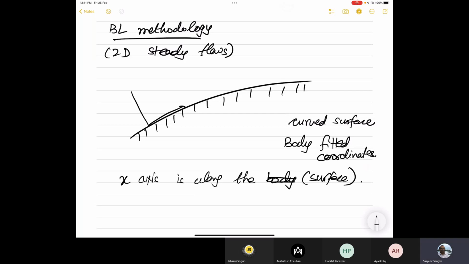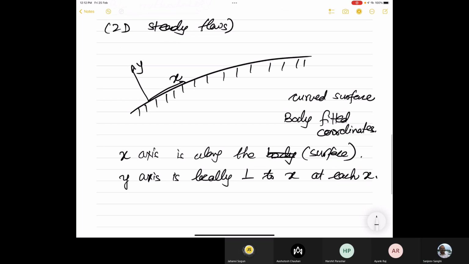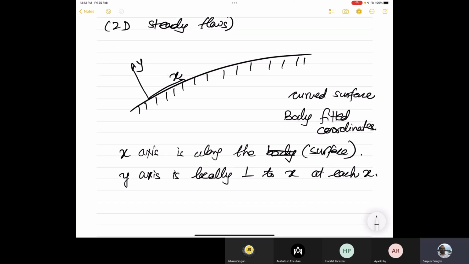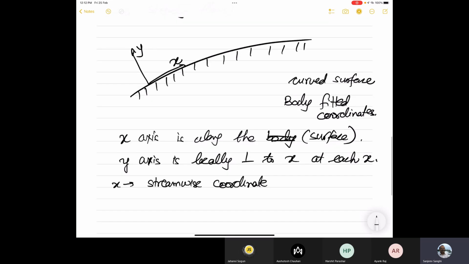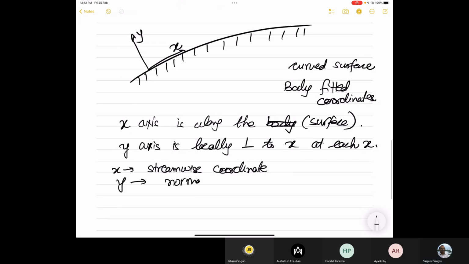This coordinate we will call as x, and y is locally perpendicular to x at each x. So even if the surface is curved, we have a curved coordinate. So x-axis is like the stream-wise coordinates, or which you may have also seen as the path coordinates, and y is the normal coordinate.